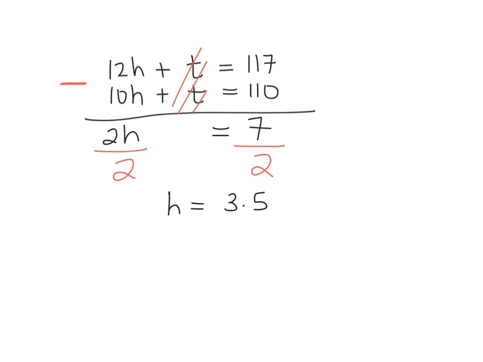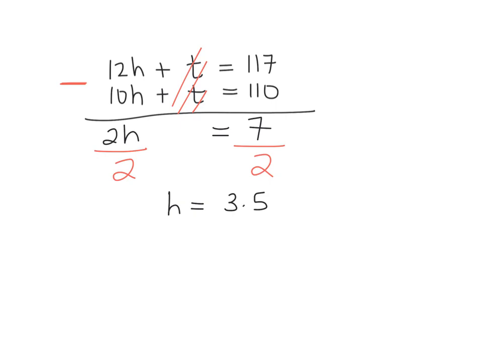Now I can stop here and I don't need to go back and put this answer into equation number 1 or number 2 to solve for t, because the question, remember, is only asking you to solve for Alan's hourly wage. They didn't ask you to solve for the amount that he earns in tips. So this answer is going to be the final value for our hourly wage.